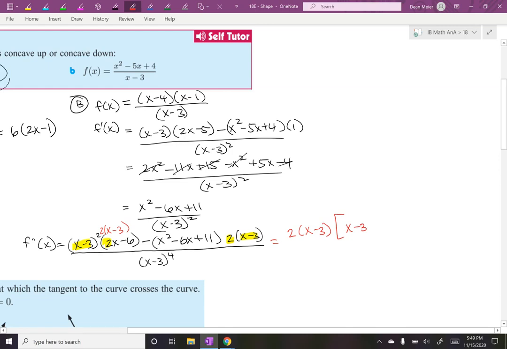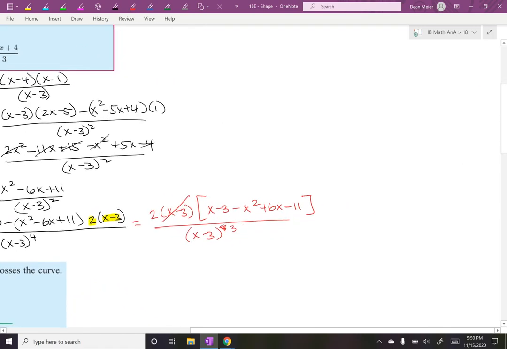And here we have left minus x squared minus 6x plus 6x minus 11. We have that left over all over (x minus 3) to the fourth, but I can cancel that with one of these, and now it's to the third. So does that pretty up in any fashion?